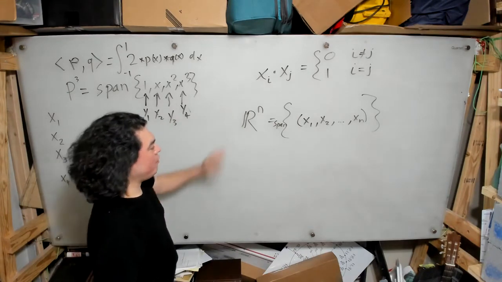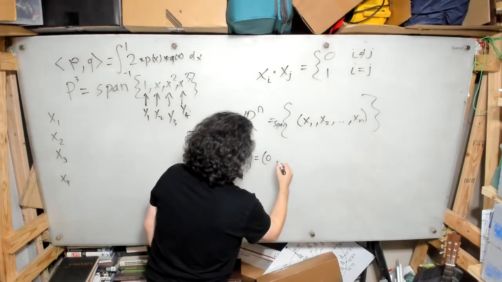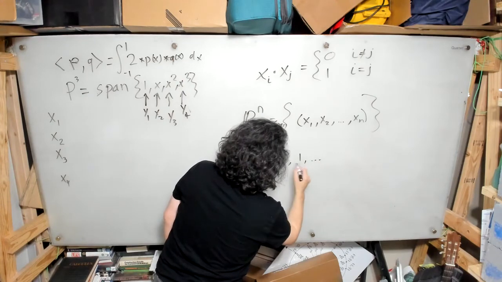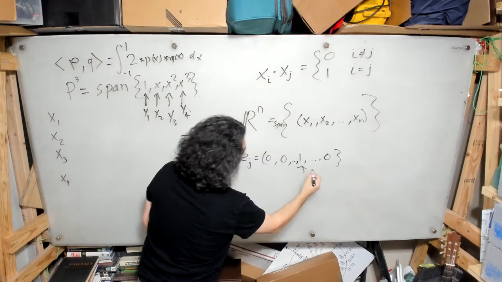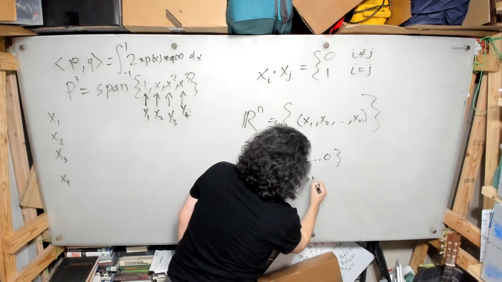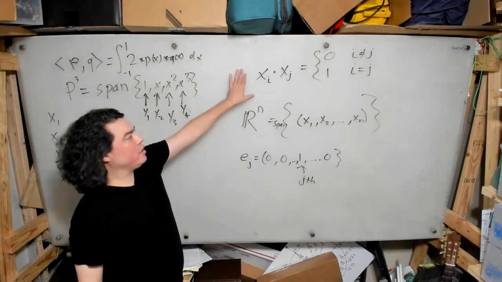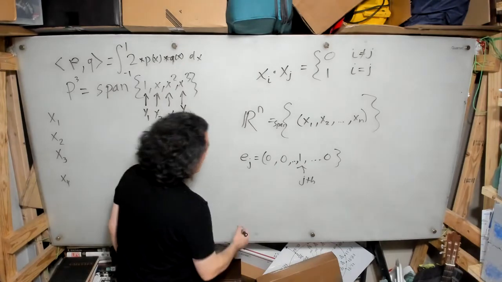If we pick our standard basis vectors where ej is equal to 0, 0, 1, where this is 1 in the jth position, this captures exactly the property we'd expect for the standard basis vectors.